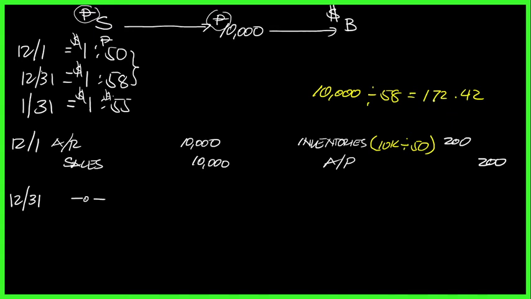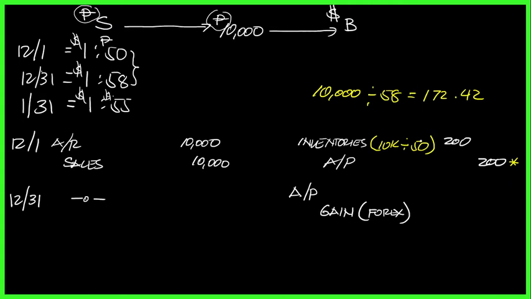And we have to make certain adjustments on our liability. So we debit accounts payable and credit gain on foreign exchange transaction. So this 200 should be stated at 172.42. So you have to compare 172.42 versus 200. What will you get?